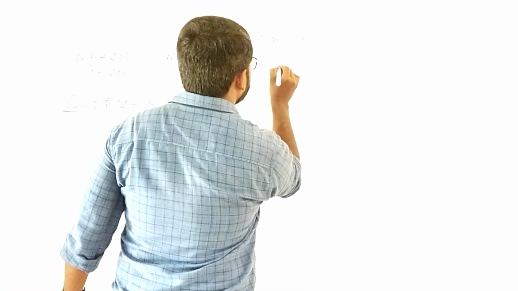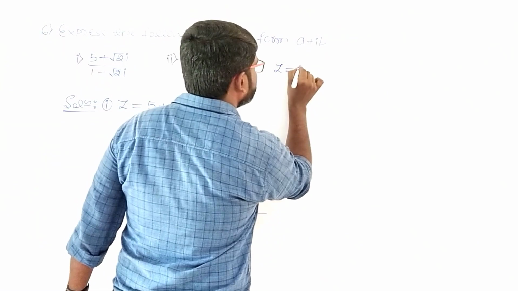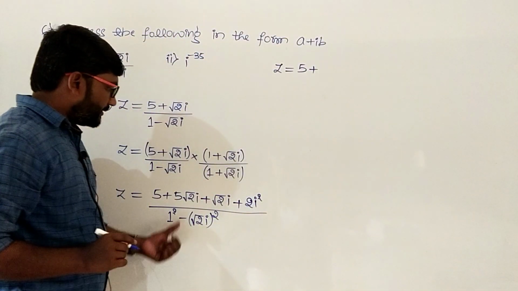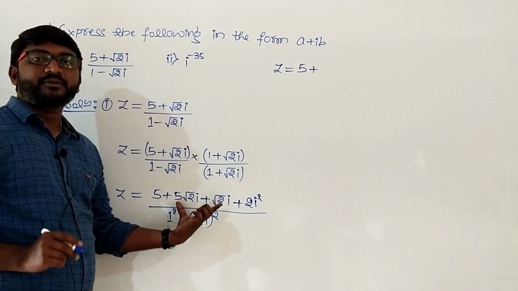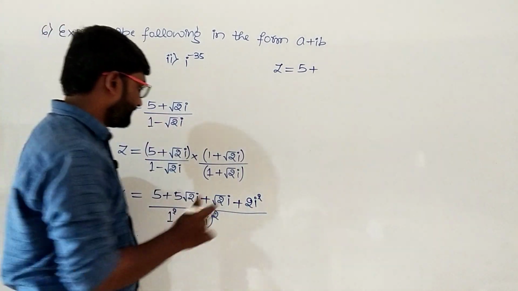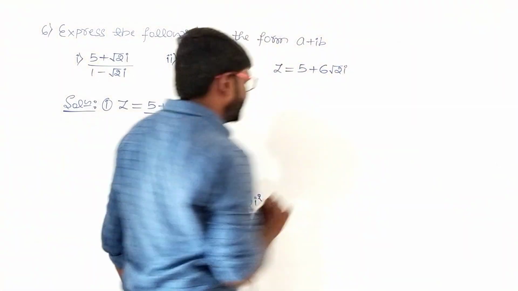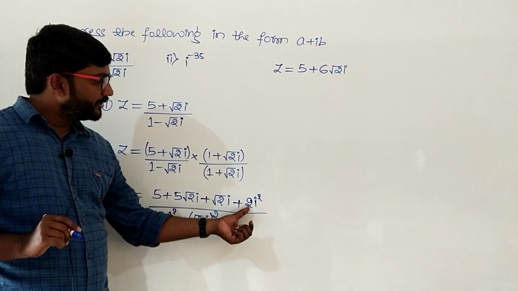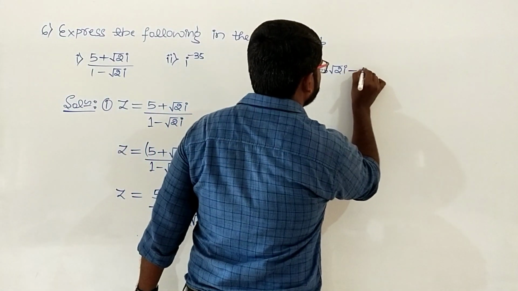So here z is equal to, in the numerator, 5 I write as it is, then plus 5 root 2i and here root 2i, these two add up. 6 root 2i, we get 6 root 2i. Then here I square is -1. 2 into -1 will be -2. So I write minus directly, -2.